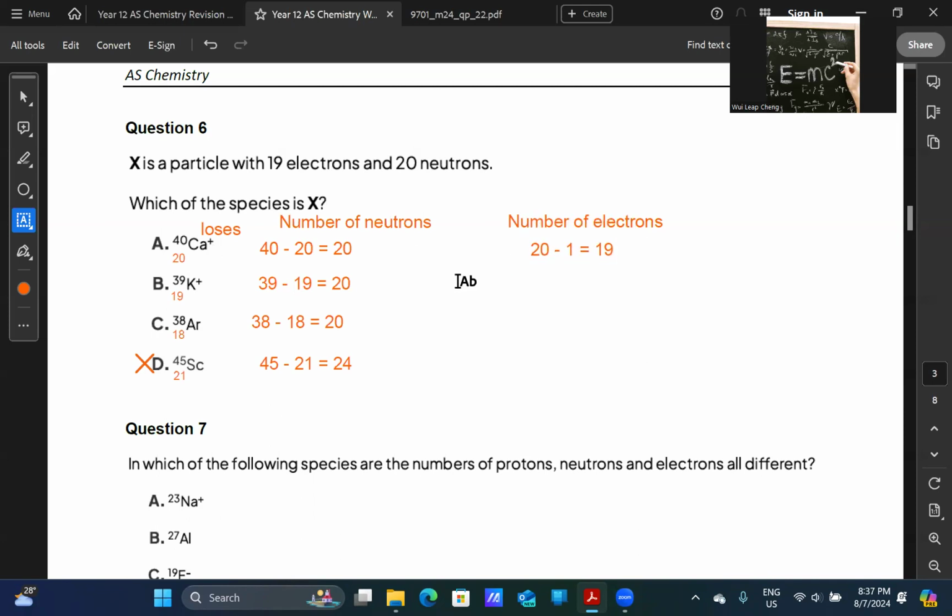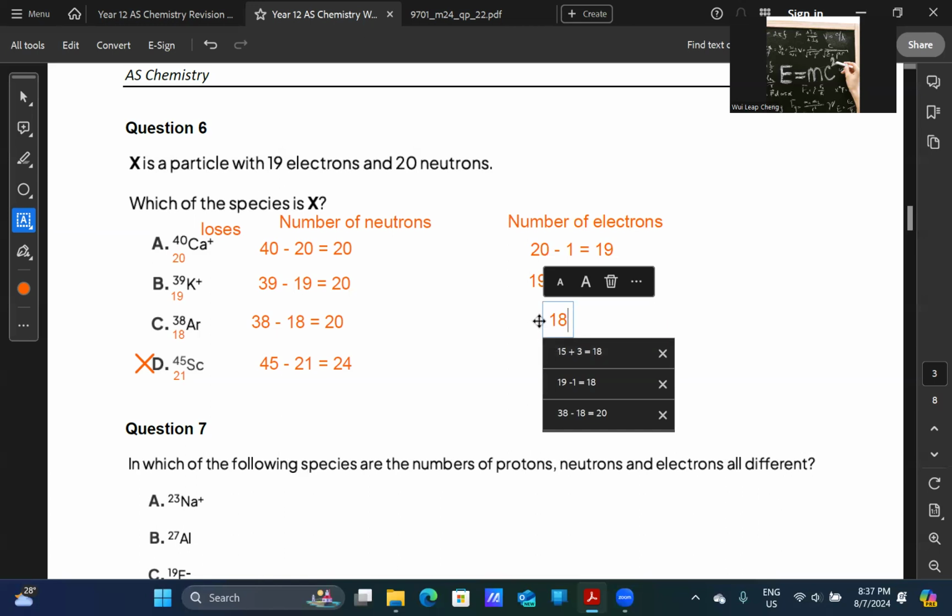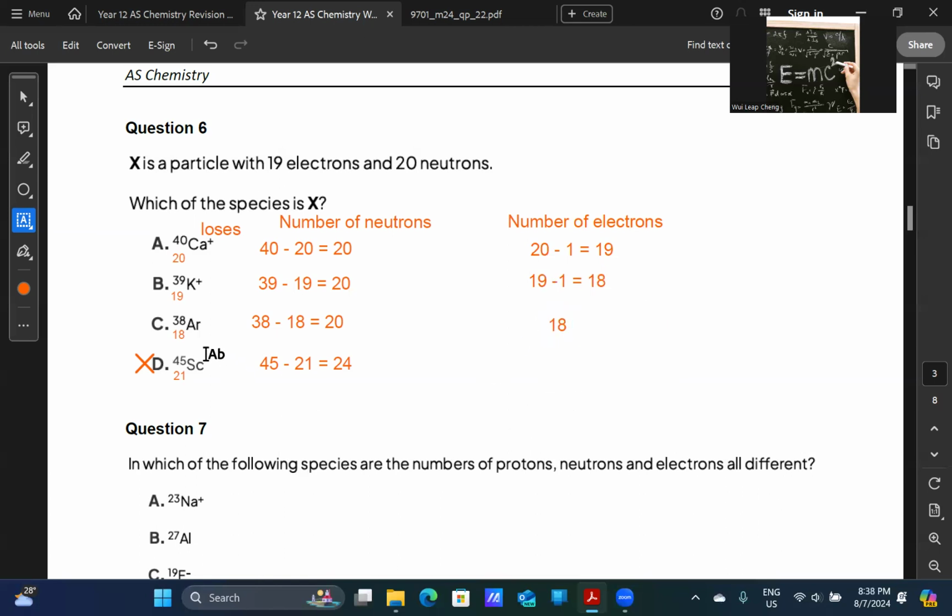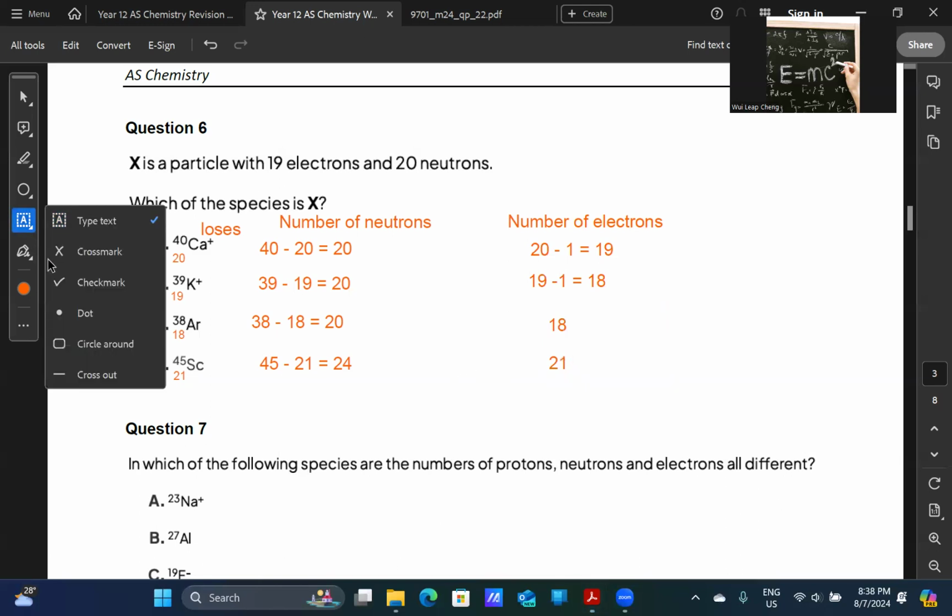Option A is correct, but let's go through the rest. Again, it's a positive sign, means loses. Loses how many? 1. So 19 minus 1 equals 18. So option B is wrong. It contains only 18 electrons. No charge, so the number of proton and electron are the same. It's also 18. No charge, same as number of proton. So its number of electron is 21. So out of these options, only option A is correct.